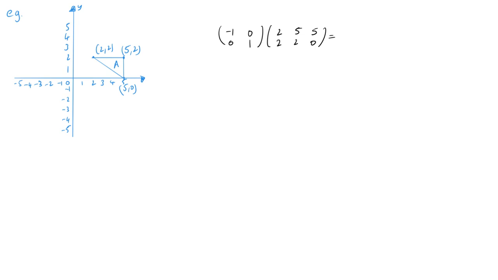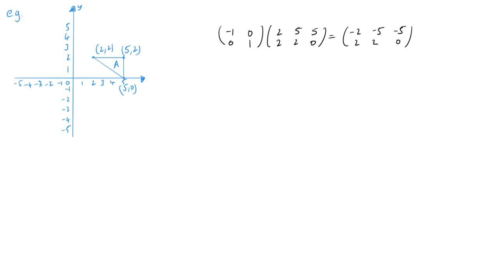So this time we're going to multiply through. So minus 2, minus 5, minus 5, and we've got 0 plus 2, 0 plus 2, 0 plus 0. Okay, so that is my new shape.